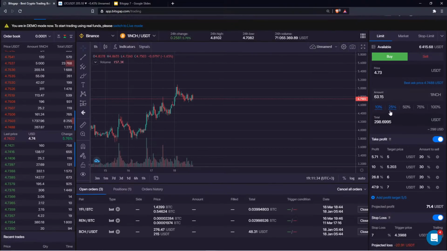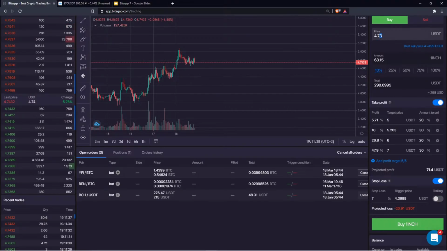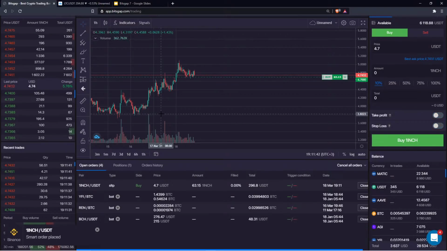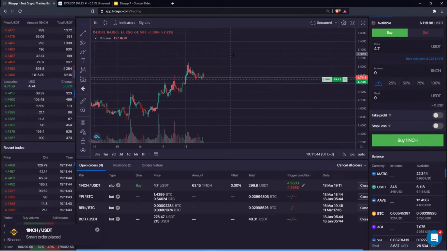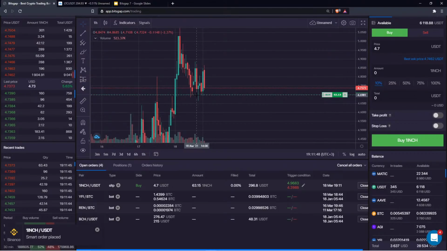Okay, what's the current price? 70. Let's plot it at 70. So you plot buy 1inch, and you see the limit buy order is on the chart as well as in the order book.